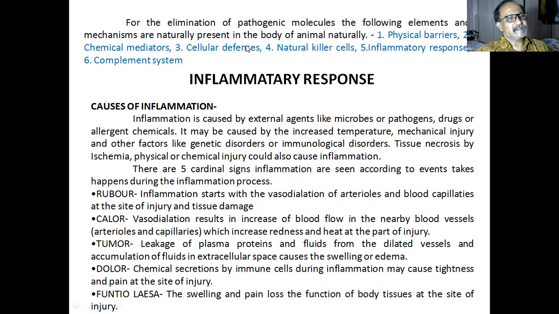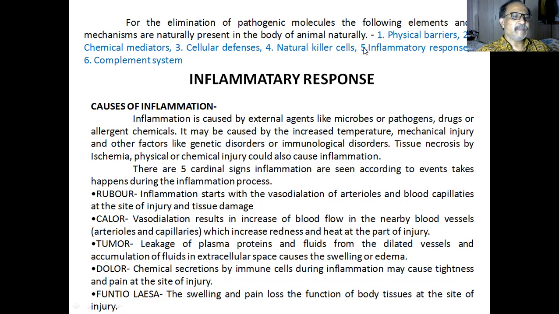Naturally, certain special leukocytes are present in the body which function to fight against the pathogenic molecules or foreign molecules. Then natural killer cells, special types of cells present in the body of the animal which kill the infected cells or kill the pathogen by their cytotoxic secretions.